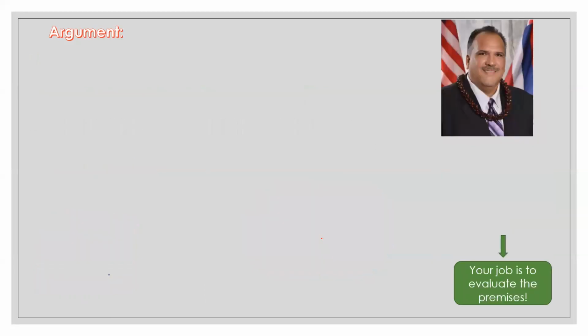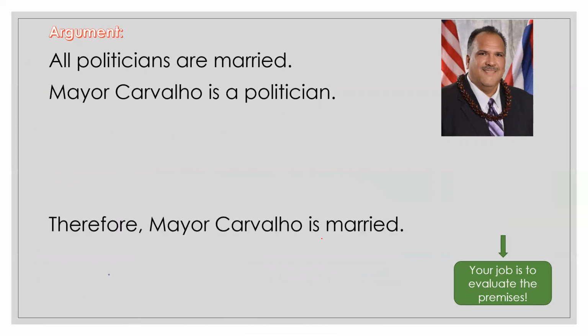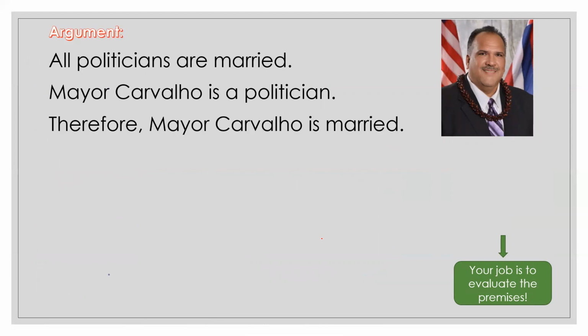Okay, here's an argument. All politicians are married. Mayor Cavallo is a politician. Therefore, Mayor Cavallo is married. Premise 1, premise 2, the conclusion.